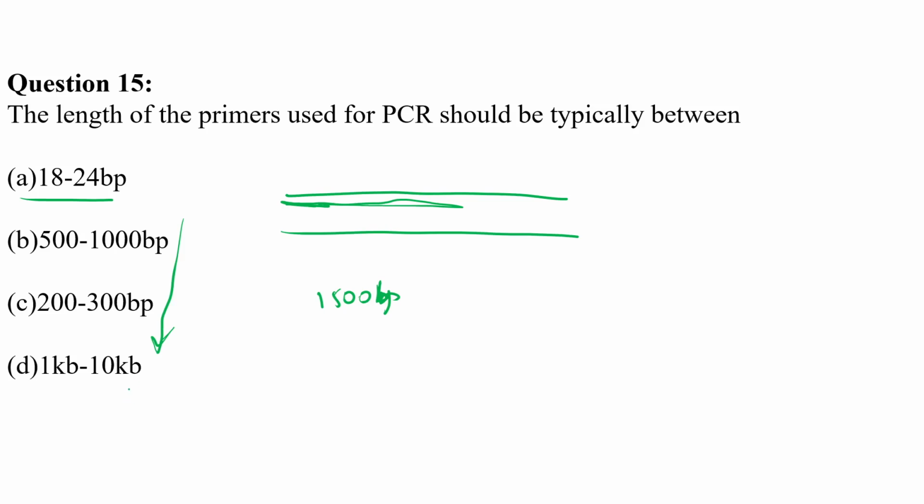We generally order the primers, and these primers are short oligonucleotides that are chemically synthesized. There are companies that have synthesizers and can make the primers for you. They make the chemical bonds by doing a chemical reaction.